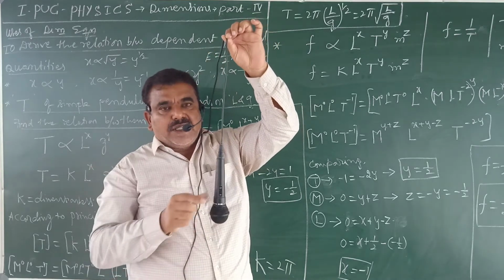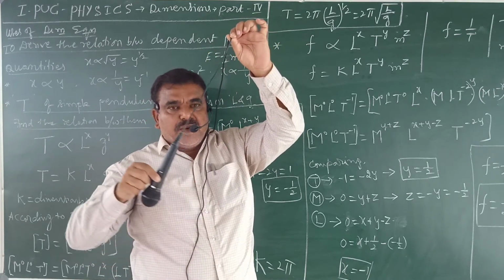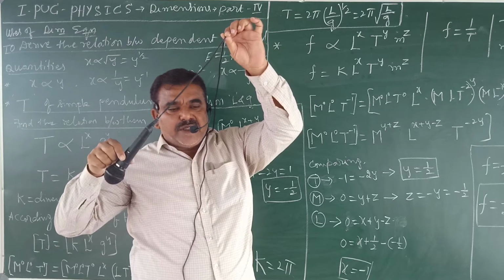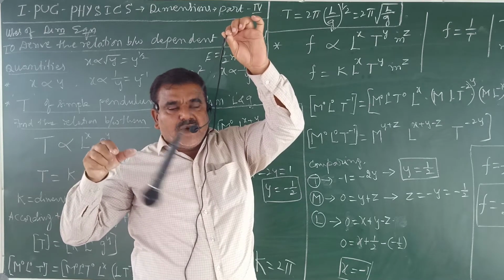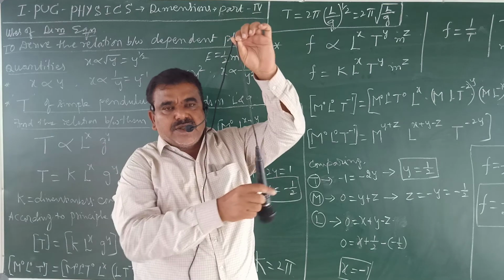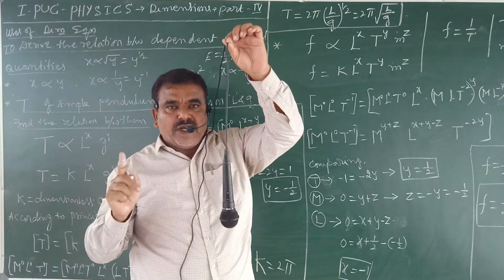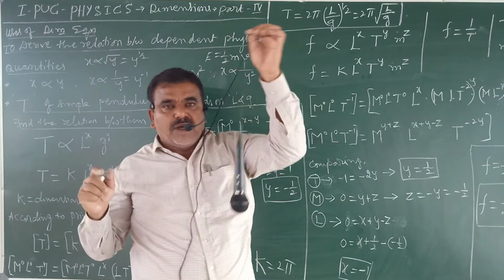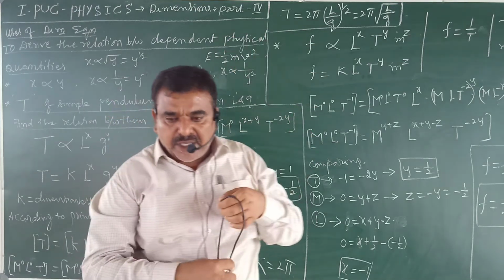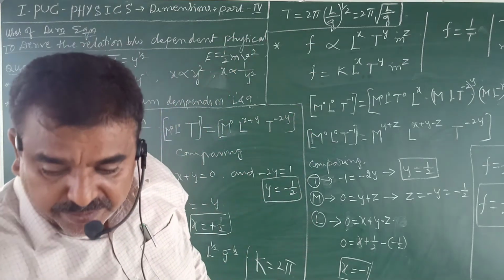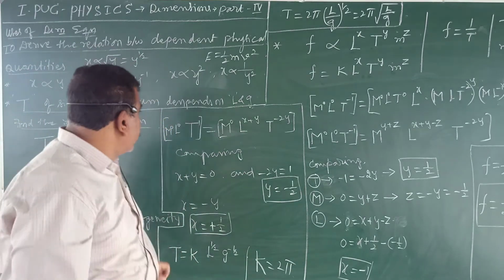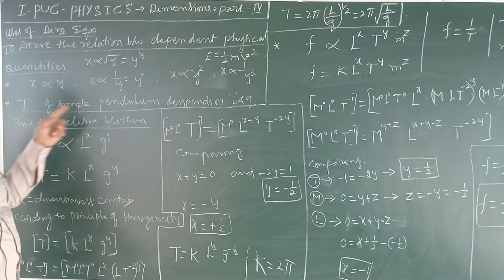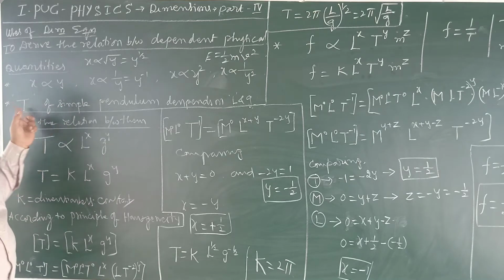If I displace this bob from its mean position, it will execute oscillations. This is called the extreme position. The time taken for one complete oscillation is called the time period.